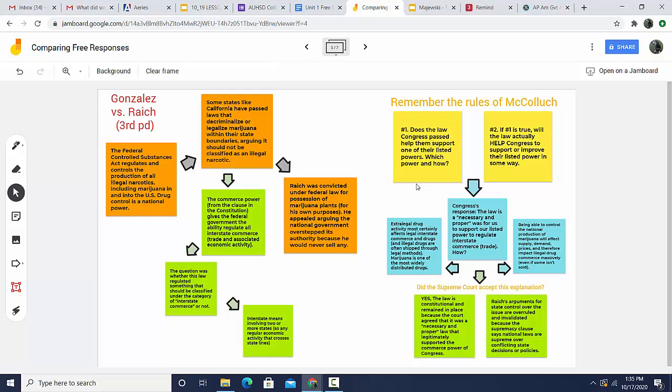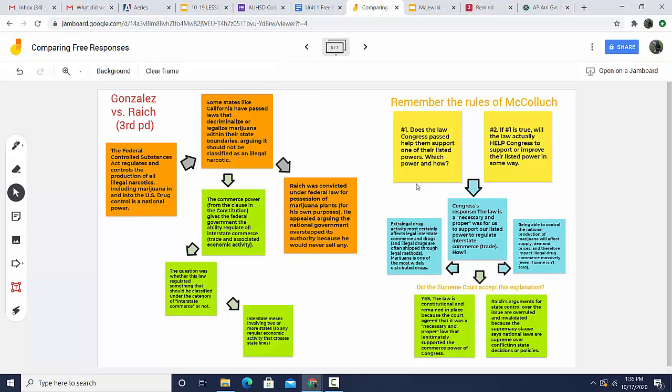And their explanation: illegal drug activity most certainly affects legal interstate commerce, and illegal drugs are often shipped through legal methods. And marijuana is one of the most widely distributed drugs. So, of course, they argued, it falls within our realm to be able to regulate this with one of our implied powers.